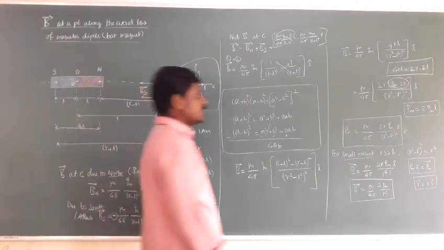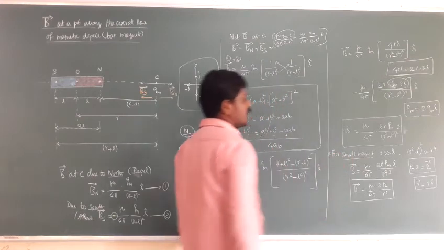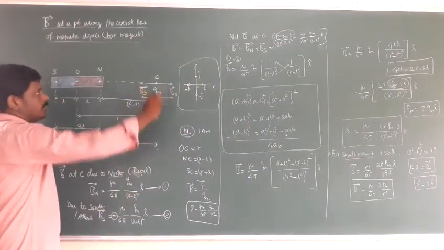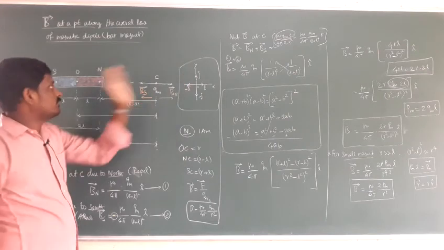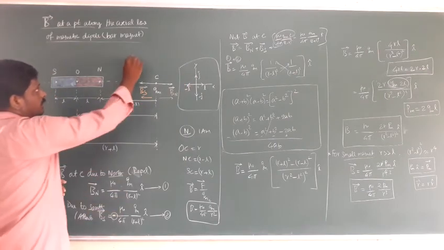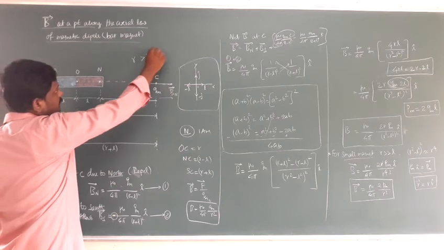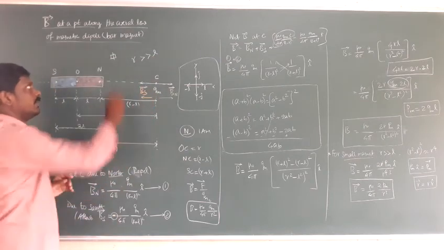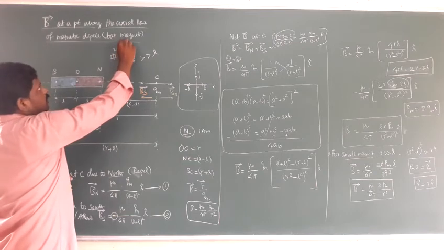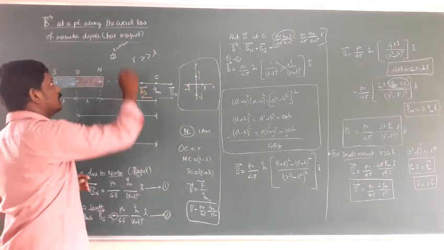If it is a short bar magnet, somewhat small, so the point C is somewhat far away from the magnet. So here r is greater than l. If it's a very small magnet, so the l value is 0.1 centimeter or 1 centimeter.